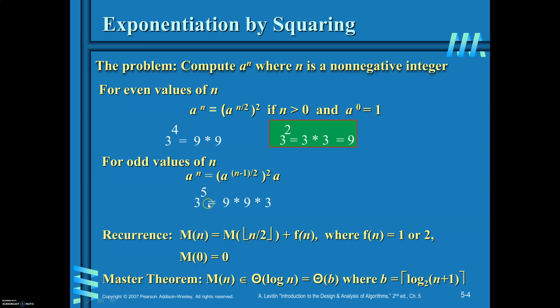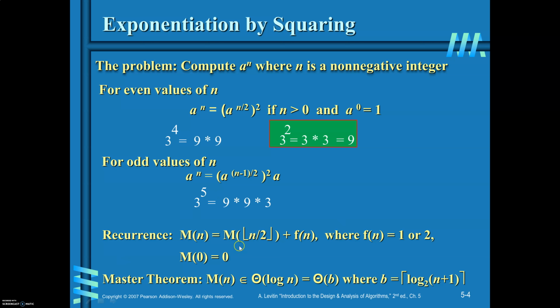Here also, in order to find out 3 power 5, 1, 2, then for 3 square you are doing one more multiplication, only 3 multiplications you are doing, but in brute force you need to perform 4 multiplications.